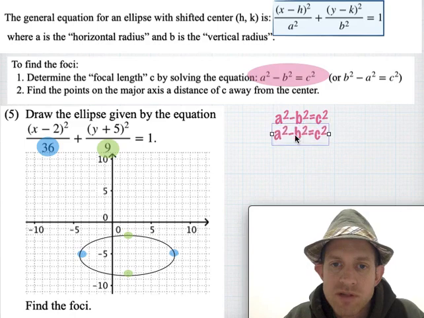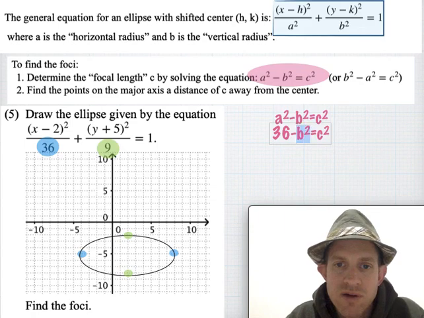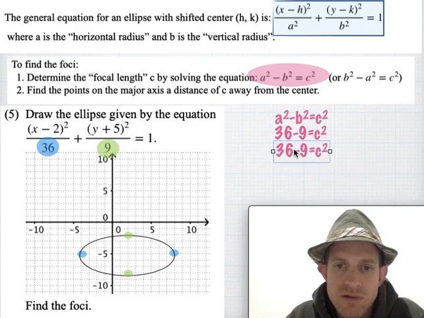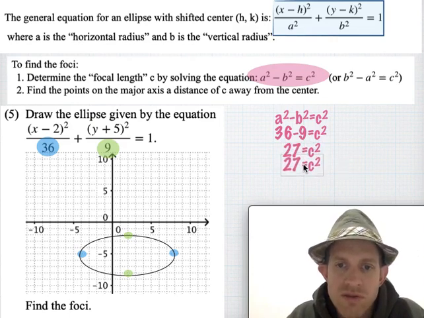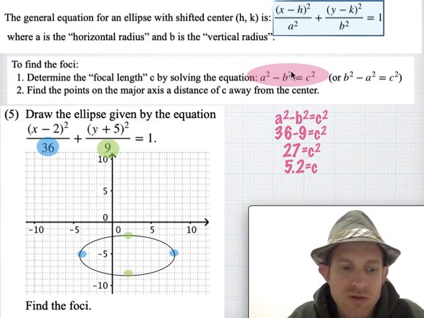We'll put in some numbers here. A squared is the 36. B squared is 9. And when I subtract those, 36 minus 9 is 27, I think. And so if we take the square root of 27, we get that c is approximately 5.2. And so now I can draw out where the focus points are.